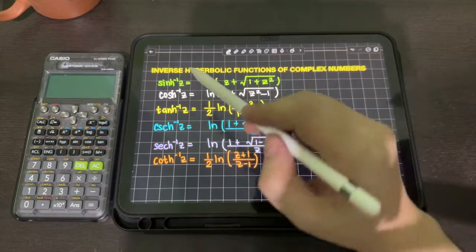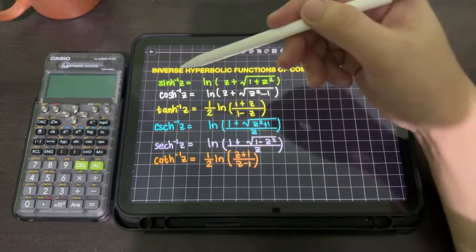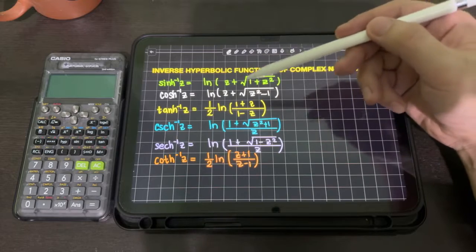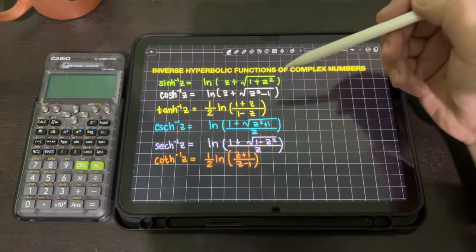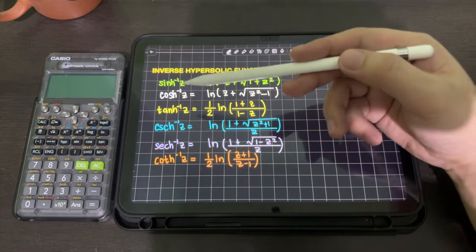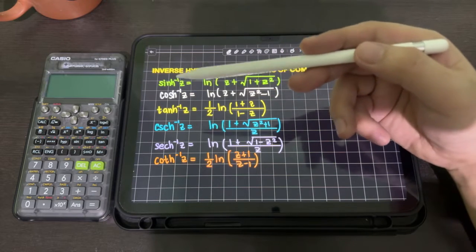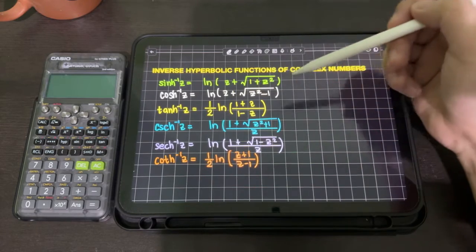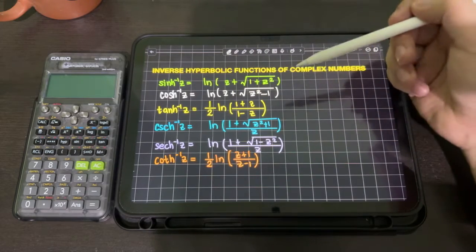For the inverse hyperbolic sine, or arcsinh z, it is equal to ln of z plus the square root of 1 plus z squared. For the inverse hyperbolic cosine, or arccosh z, it is equal to ln of z plus the square root of z squared minus 1.